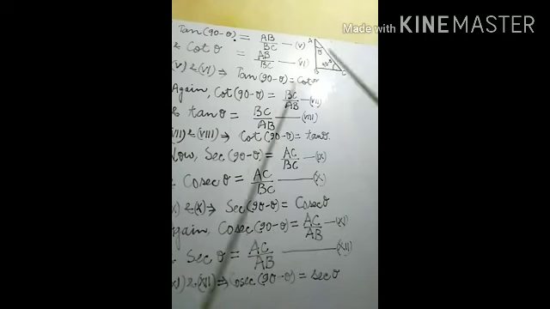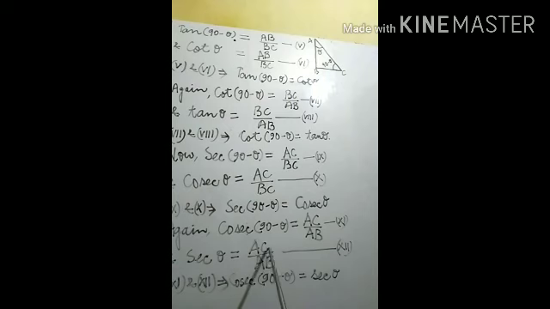Again we have to take this angle theta. Now sec of theta equals, for this theta, this one is perpendicular, this one is base, and this one is hypo. So sec theta is also equal to AC upon AB, means hypo to base.